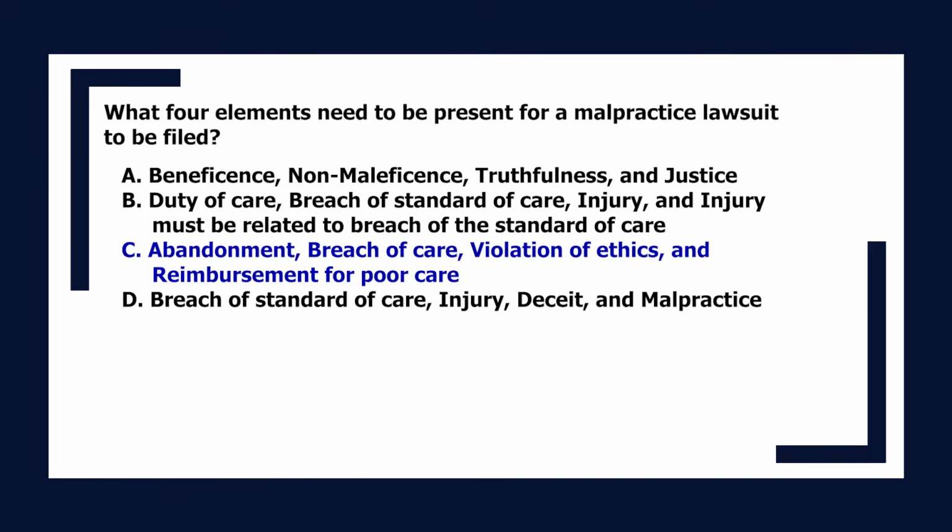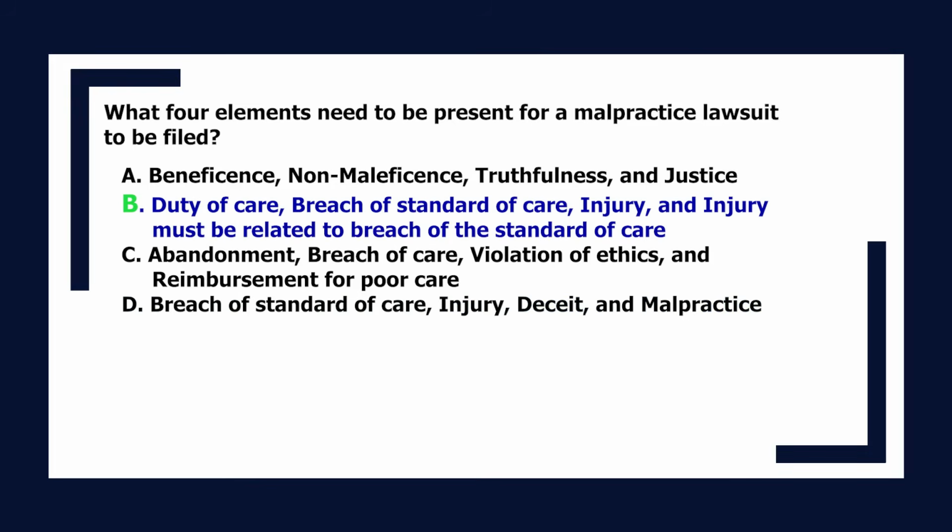C. Abandonment, breach of care, violation of ethics, and reimbursement for poor care. D. Breach of standard of care, injury, deceit, and malpractice. The correct answer is B. Duty of care, breach of standard of care, injury, and injury must be related to breach of the standard of care.